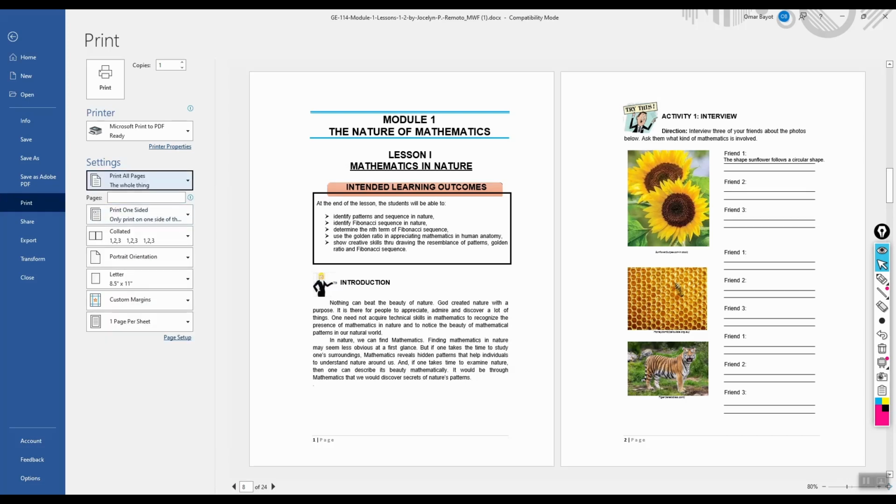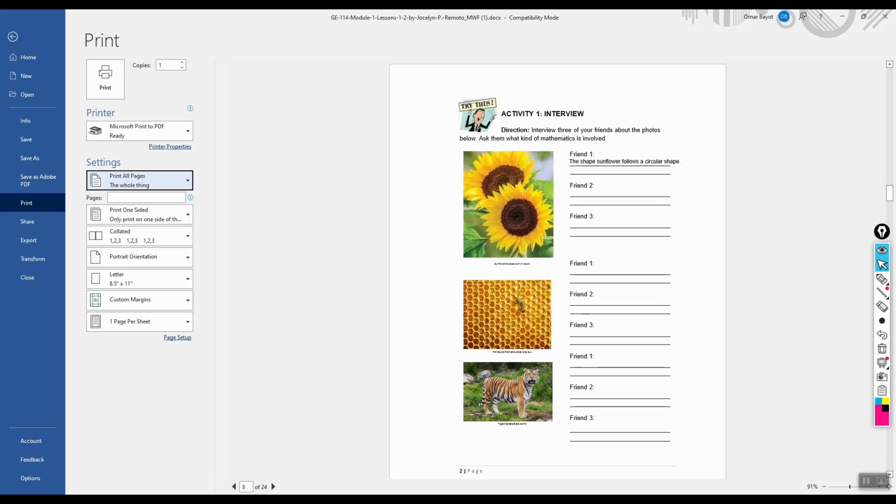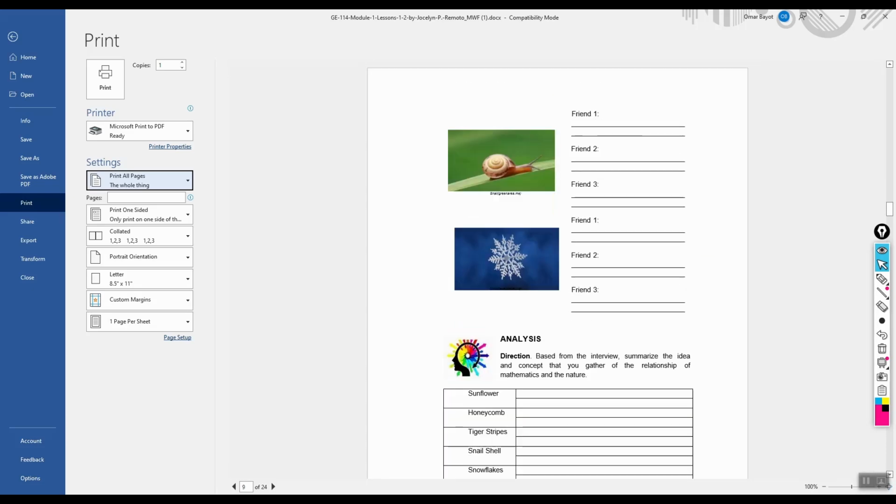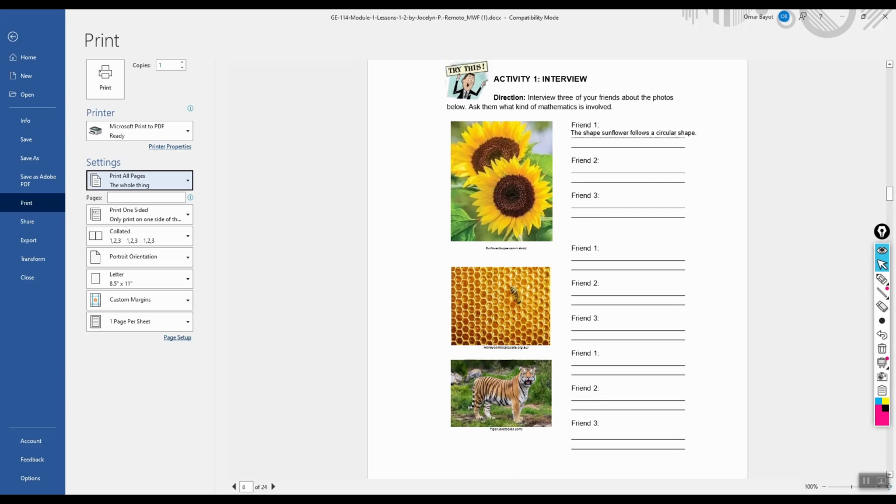By default, it gives you print all pages. Now to make sure, you need to have this view here on a single page. You need to adjust this one to make it one page. Okay, so you're very sure now that you're going to print this one.